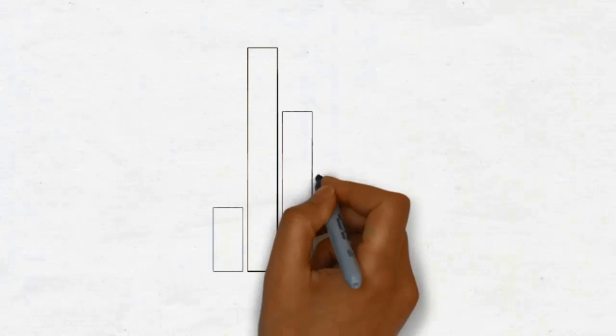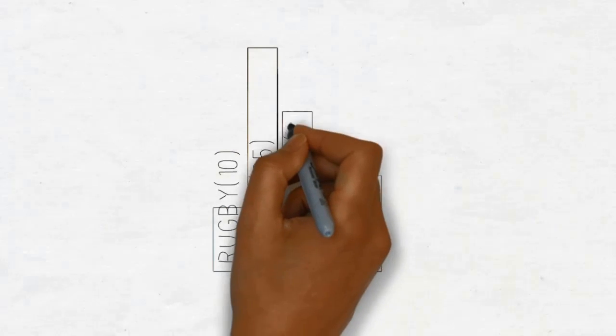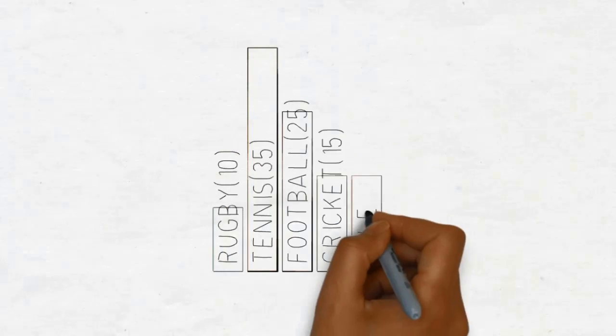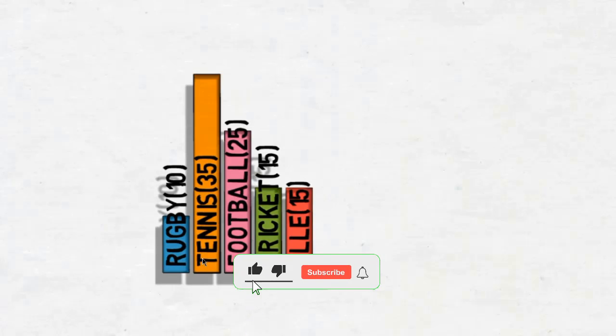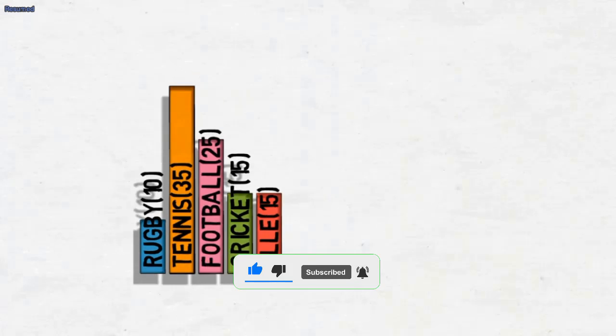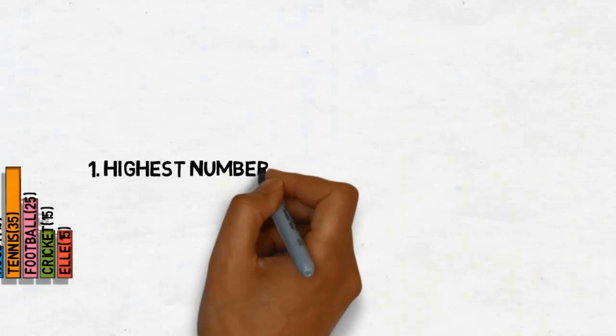Right. Let us look at an example. Now this is a bar graph, or a bar chart, where you have been given 5 sports. You have rugby, tennis, football, cricket and relay. So we speak about the students, let's say.